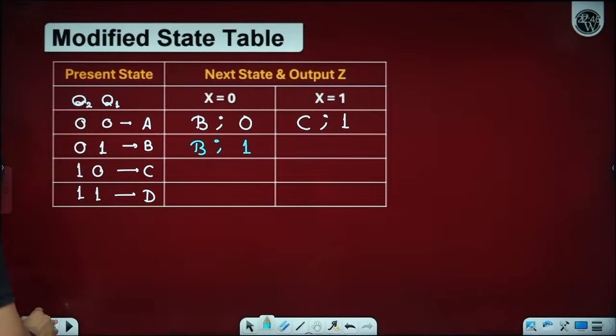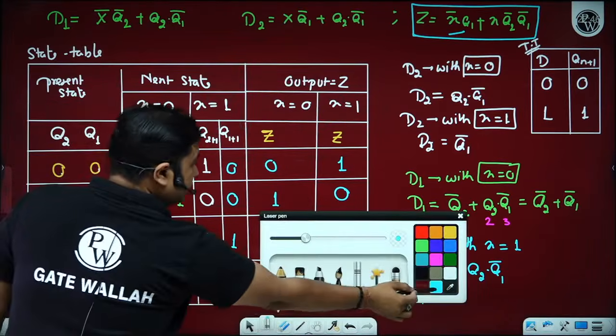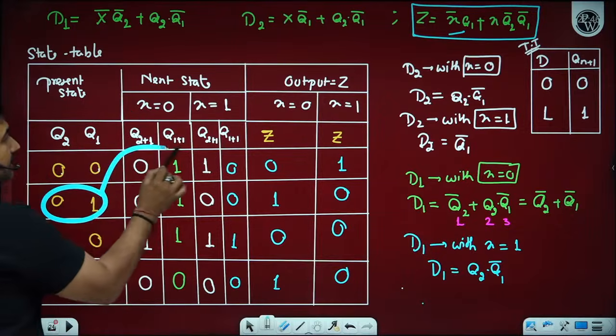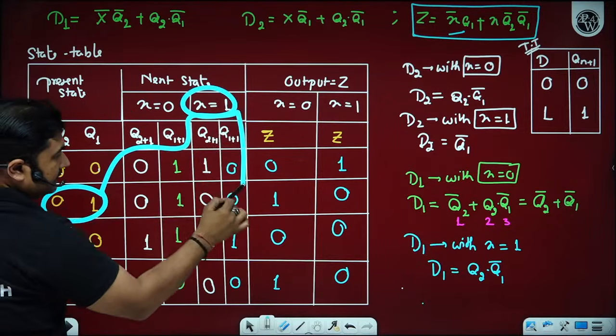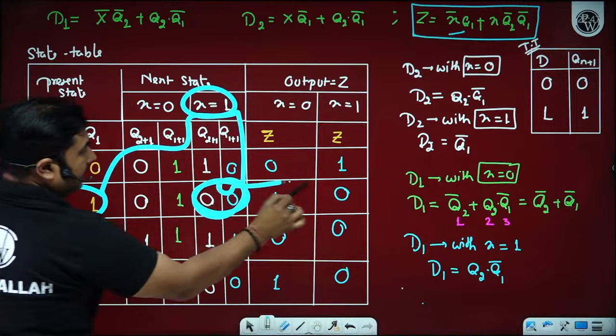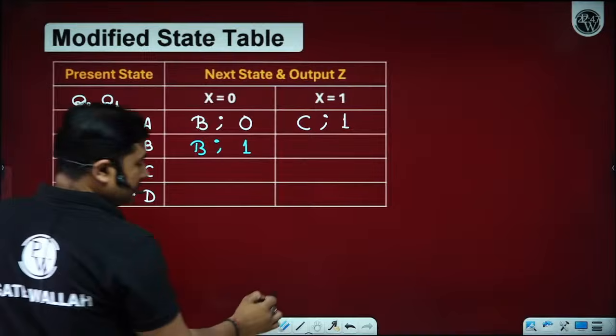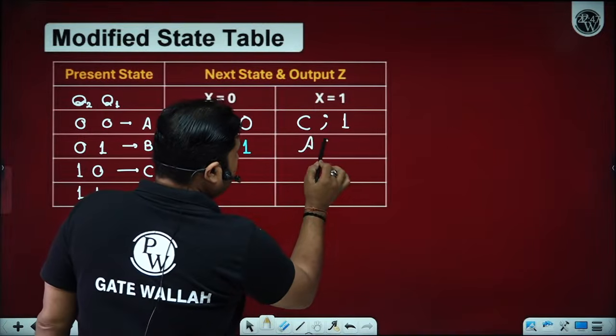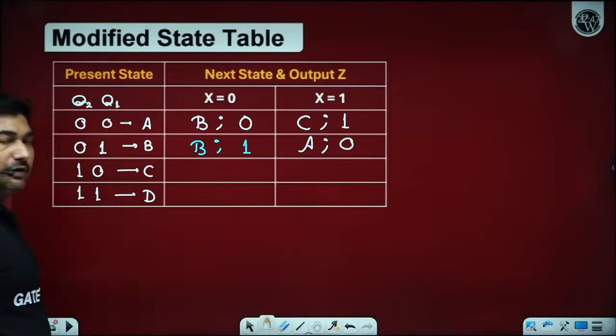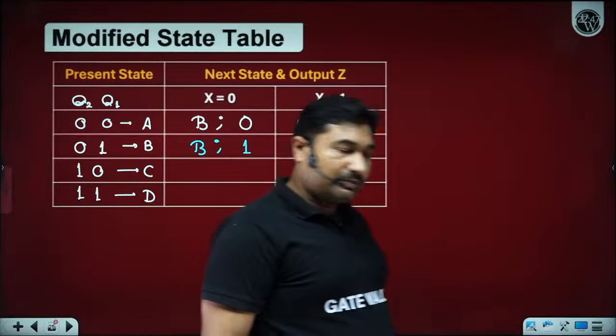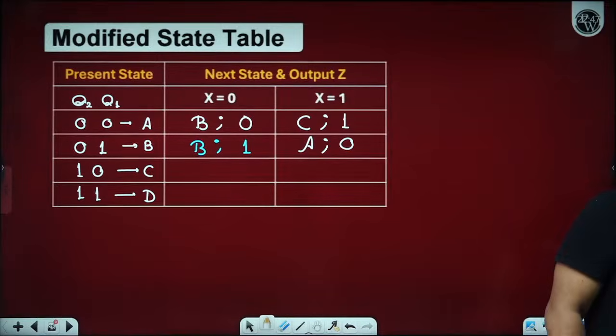If present state is 0, 1 with x is equals to 1, next state we are getting A and output 0. How many of you able to understand up to this part? Please let me know by writing in the comment section, beta ji.